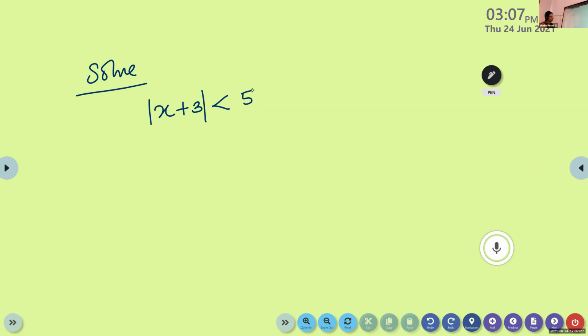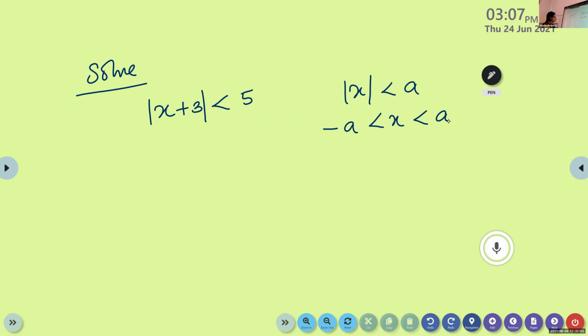What does it mean? Modulus of x plus 3 less than 5 means we can write this using that property. If mod x is less than a, we can write this as minus a is less than x less than a. Femina, tell me the next step.